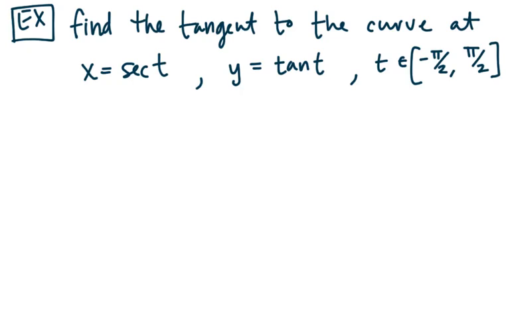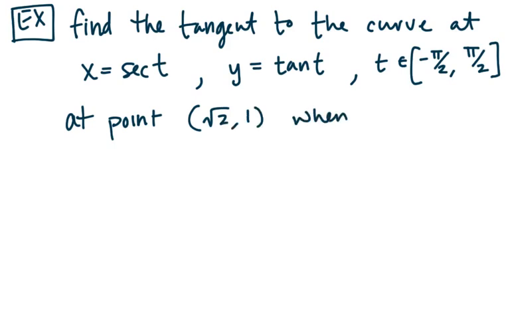Considering the parameter t is between negative pi over 2 and positive pi over 2. We're going to find the tangent line at the point root 2, 1 when t is pi over 4.